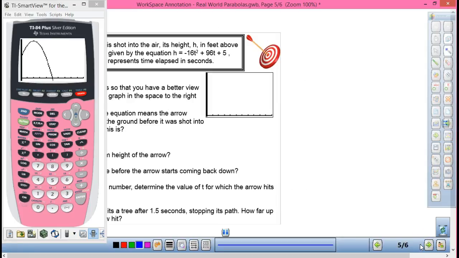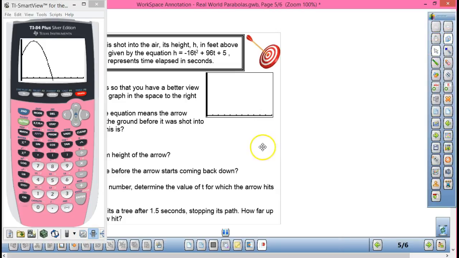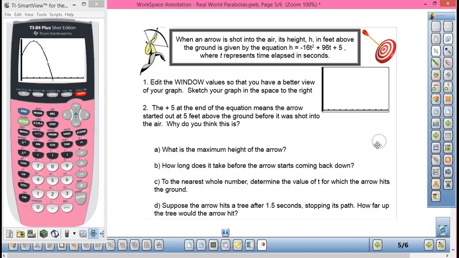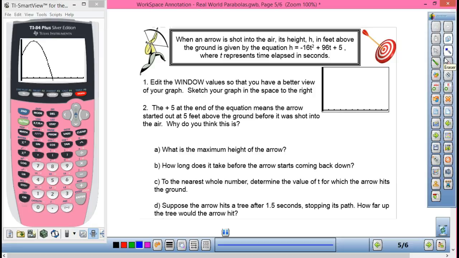Okay, so your next one, we've got some archery going on. When an arrow is shot into the air, I'm not really sure why we're shooting it up into the air, its height in feet above the ground is given by the equation.